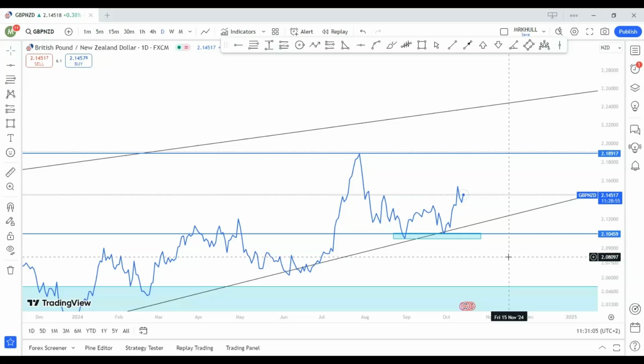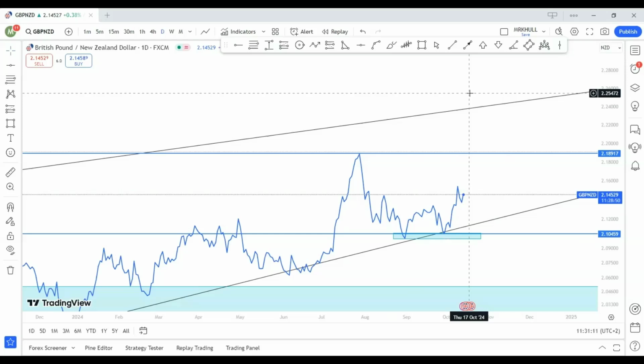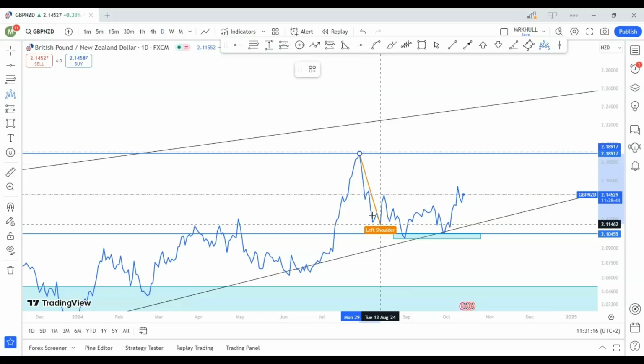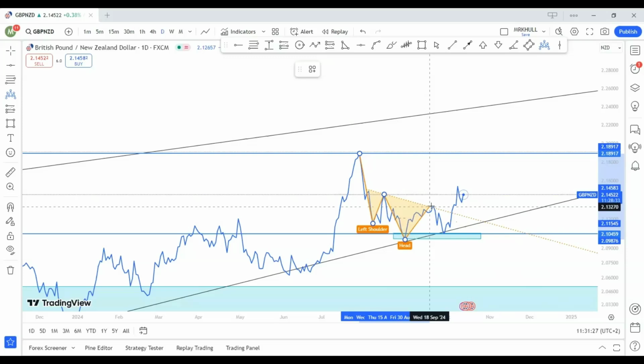As you can see here, we had something like this. For me to be very comfortable at what I'm doing, I need something like this: I have my left shoulder, I have my head, I have my right shoulder here, and my target needs to be here.